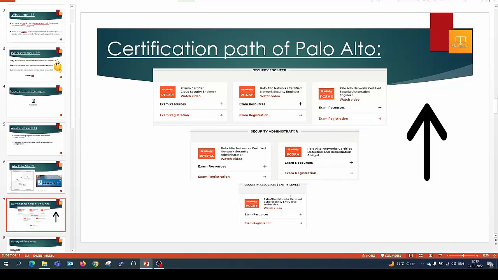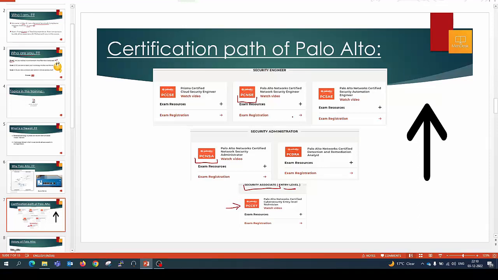So first, whenever you enter the Palo Alto domain, you have one certification called PCCET, which is the Security Associate Entry Level Exam. Okay. Then we have PCNSA, and then we have PCNSC. So this is the certification path for Palo Alto.